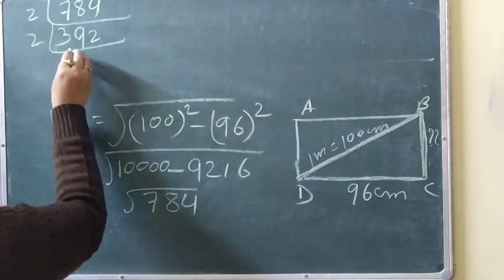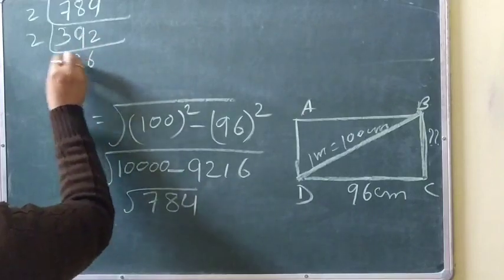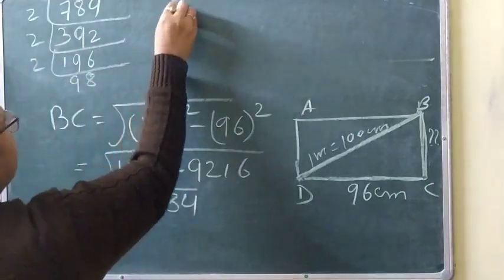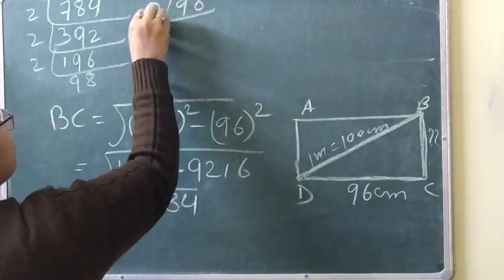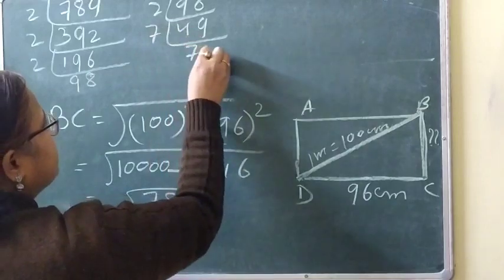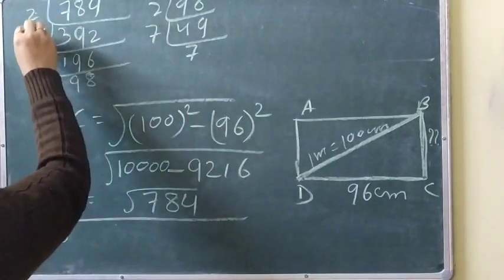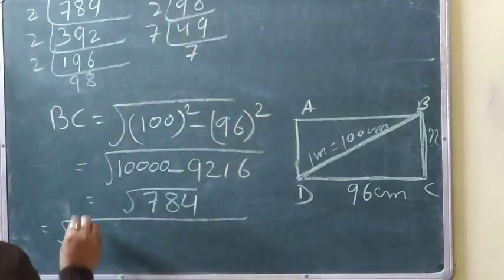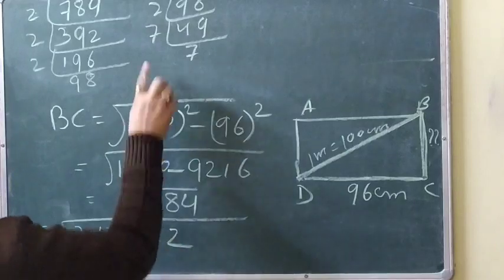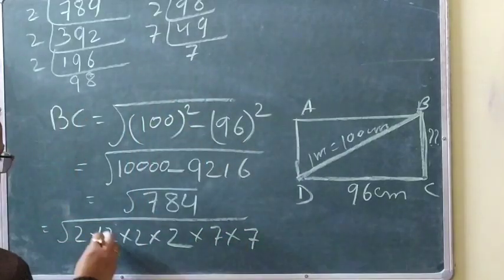Then again 2 1s are 2. 18, 12. Then 2 9s are, 2 8s are, again 98. So 2 4s are, and then 7 into 7. Clear? So what we have? We have 4 times 2 we got. We will write here. And 2 times 7. Clear? So we will make a pair.